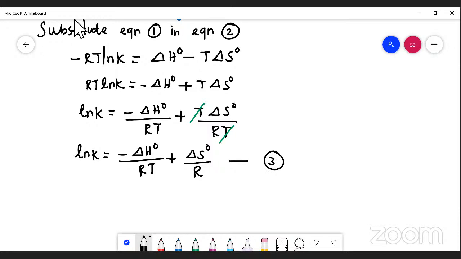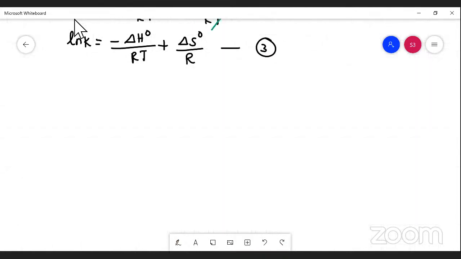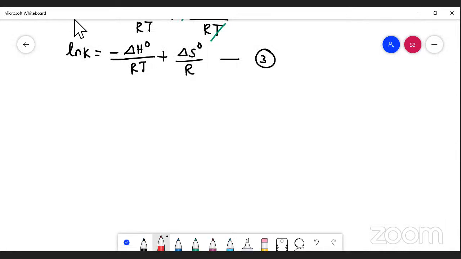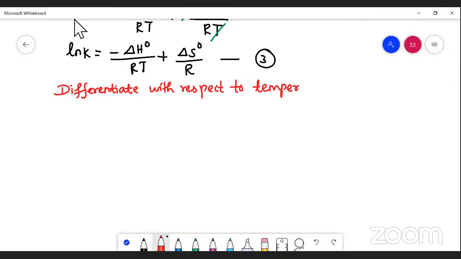After substitution, the next step is to differentiate this third equation with respect to temperature. If you differentiate ln K with respect to temperature, this becomes d ln K by dT. Next I am going to differentiate minus del H naught by RT, which is one factor.